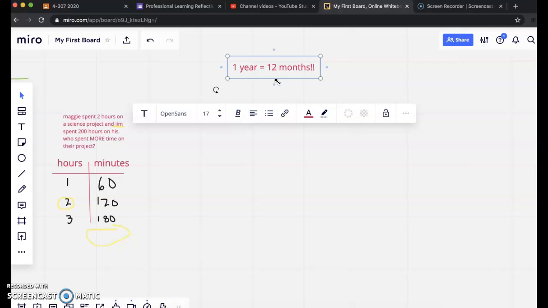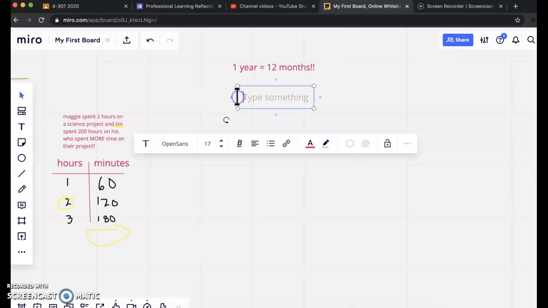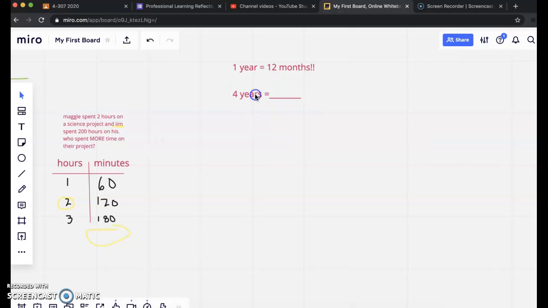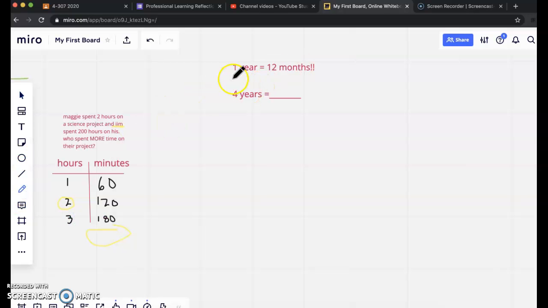Now, let's say, how many months is 4 years? All right. Now, I want to know if 1 year is 12 months, how many is 4 years? Well, we've been doing this, so this is actually pretty easy.